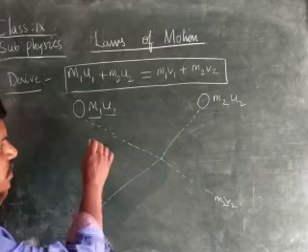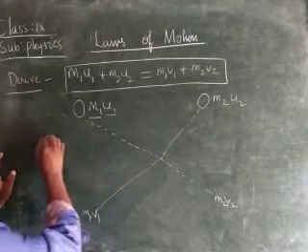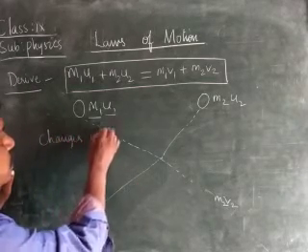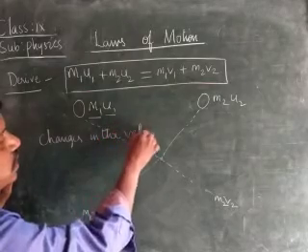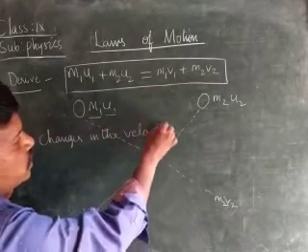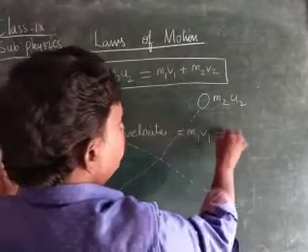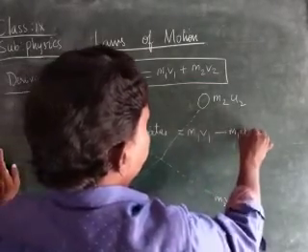What are the changes in their velocities? The change is given by m1 v1 minus m1 u1.